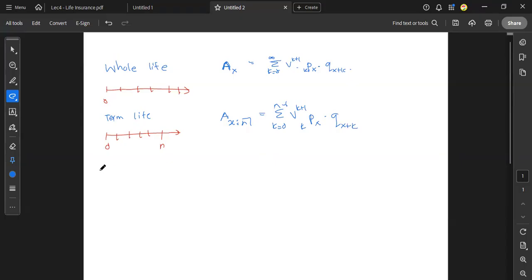And endowment goes from x to n, which is the term life plus the pure endowment.